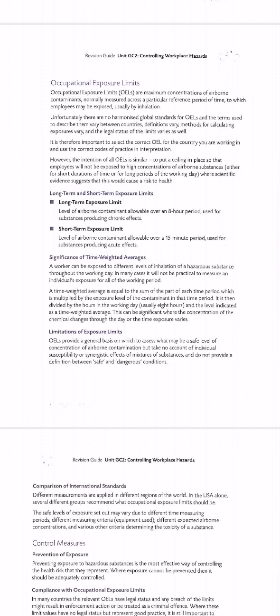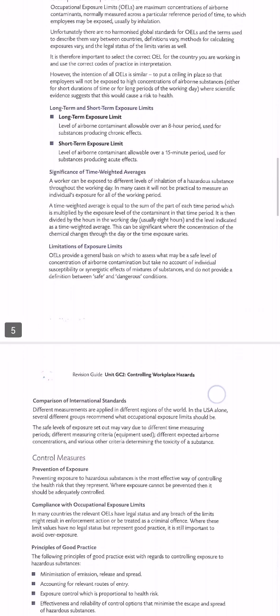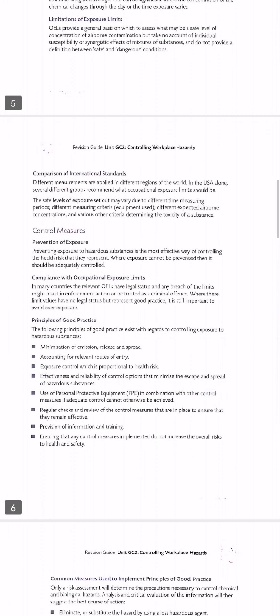So limitation simply means that it doesn't consider how much this person is being exposed to this danger and the time of mixing this equipment, this substance. So all those things need to be taken into consideration, right?